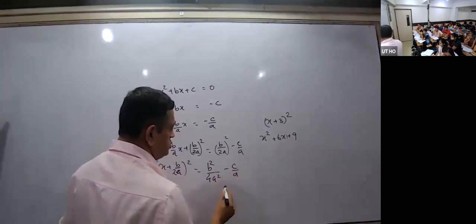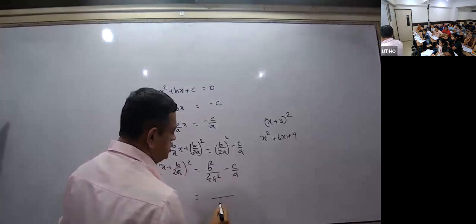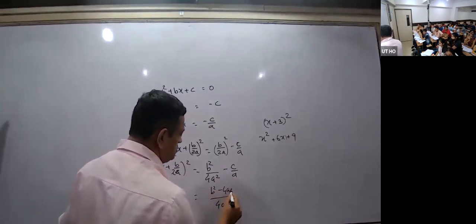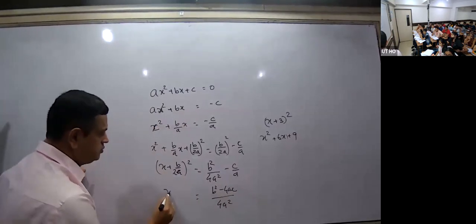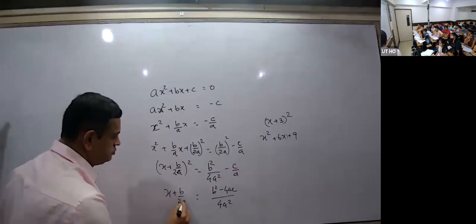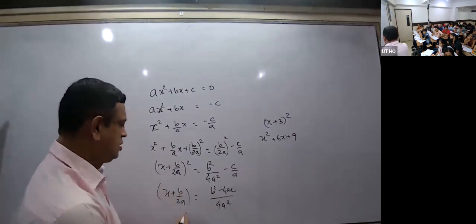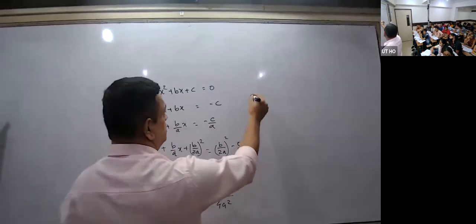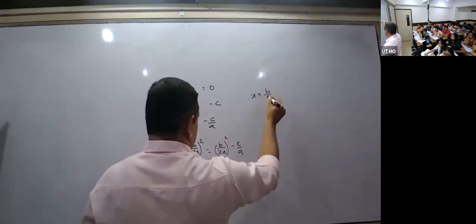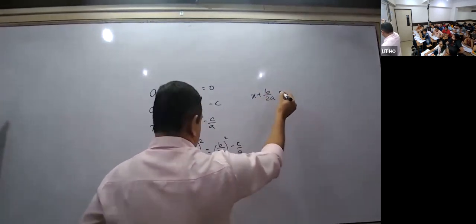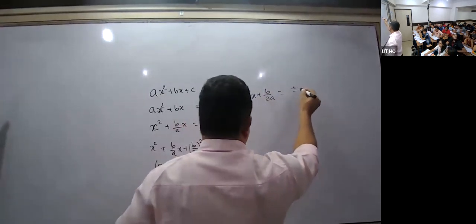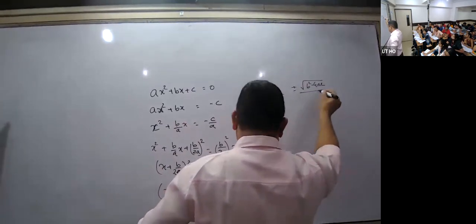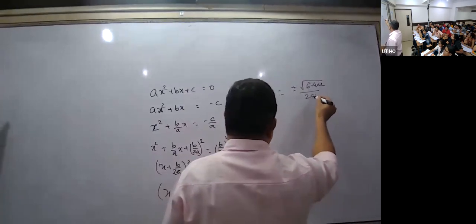If I take the LCM, 4a square, what do you get? b square minus 4ac upon 4a square. I'll take the square root. What do you get? x plus b upon 2a is equal to plus or minus root of b square minus 4ac upon root of 4a square, which is 2a.